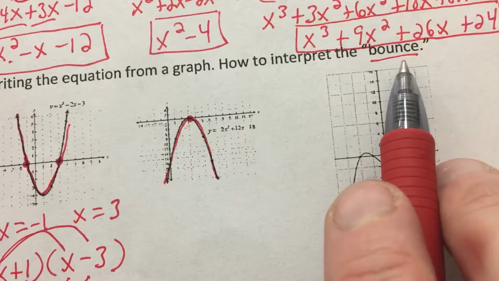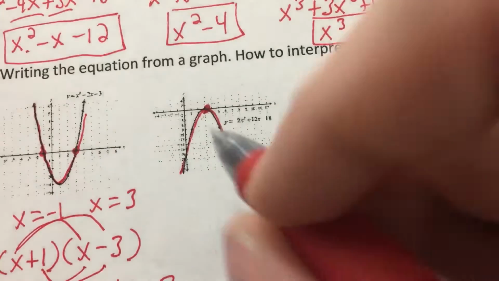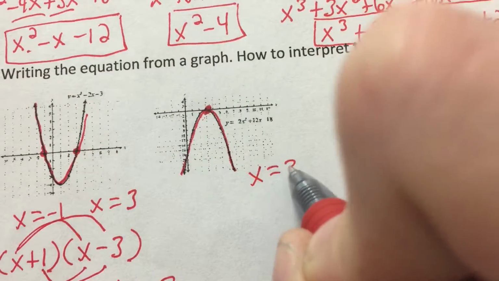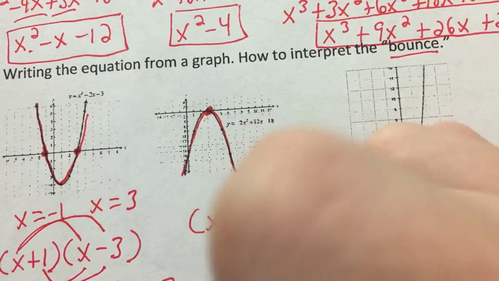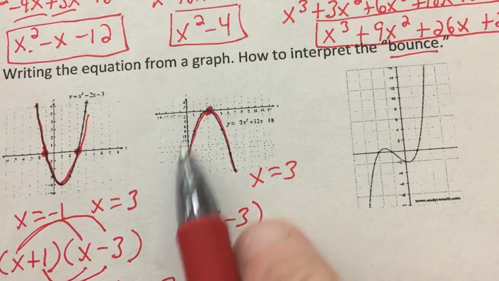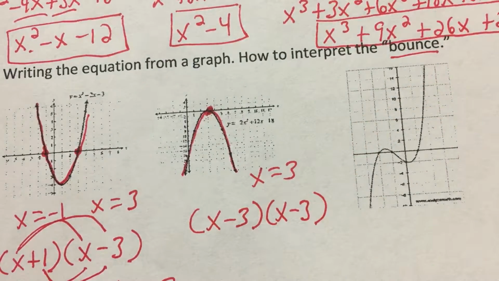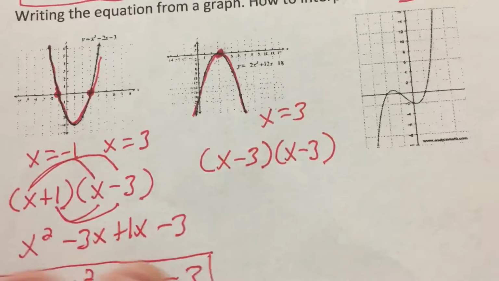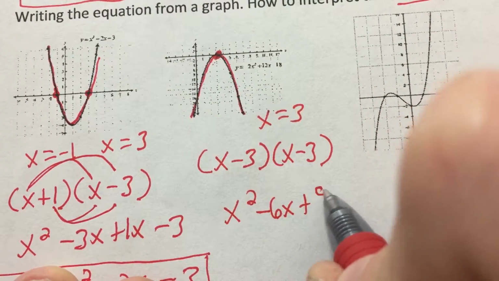When this happens, when you have a bounce, that means this solution is actually there twice. That solution is x equals 3. The binomial that made it must have been x minus 3, the opposite. But because it bounced off of it, that must be there twice, like so. So now we can multiply it like we did before, and when you're done, you end up with x squared minus 6x plus 9.